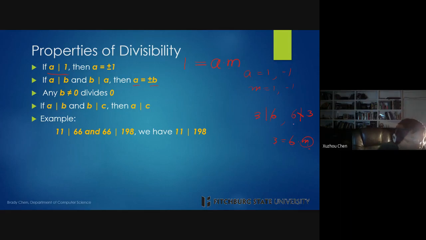So you cannot do this. But 3 can divide 3, and you can switch the order. Technically, you can easily prove this.